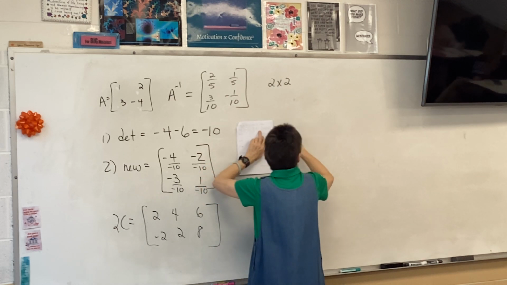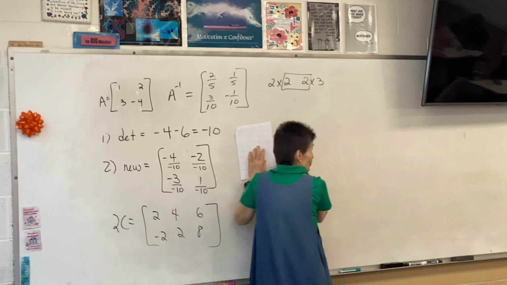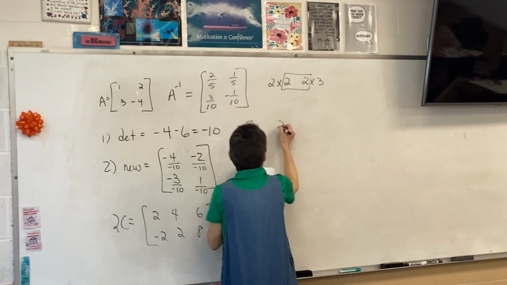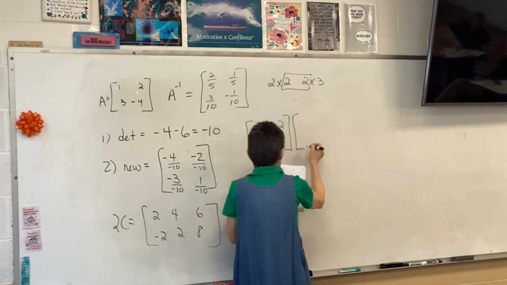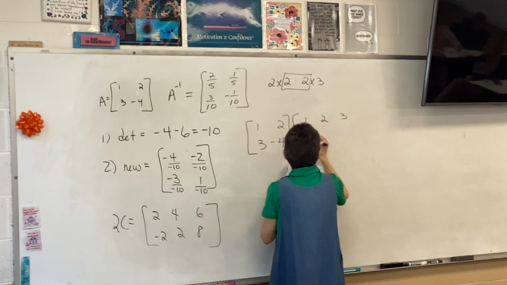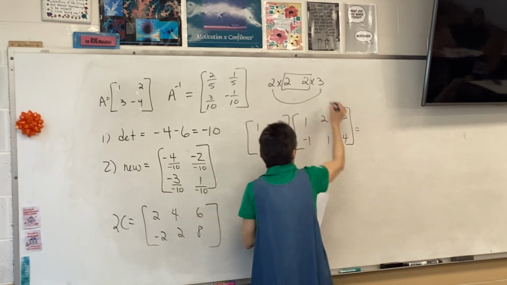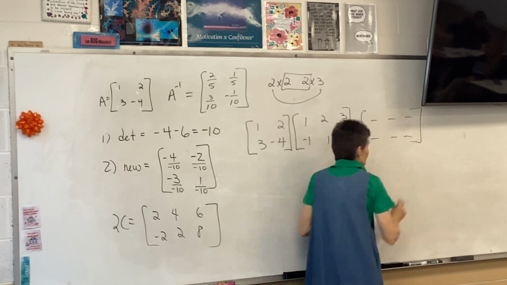What are the dimensions of C? 2 by 3. I can do it. So I am going to multiply A times C. And my answer will be another 2 by 3.